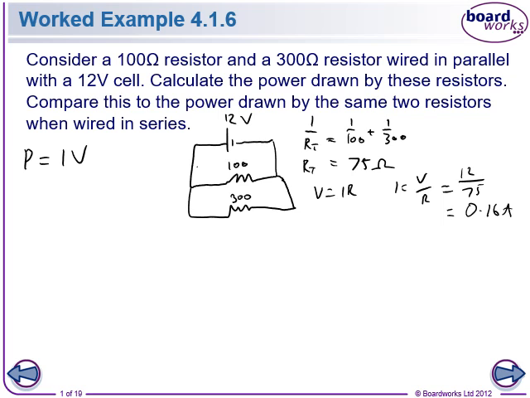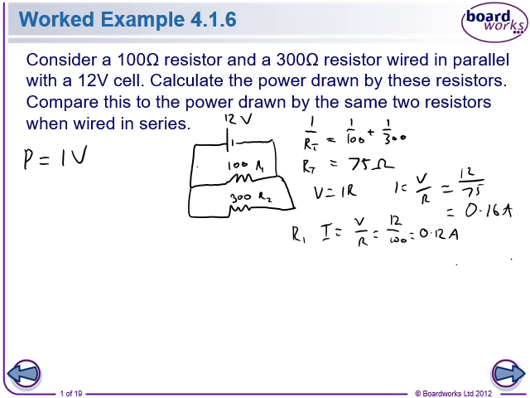All right. So now we need to work out the current going through each resistor. Okay, so let's call these R1 and R2. In the 100 ohm resistor, R1, our current is equal to V on R, which is equal to 12 on 100, 0.12 amps.